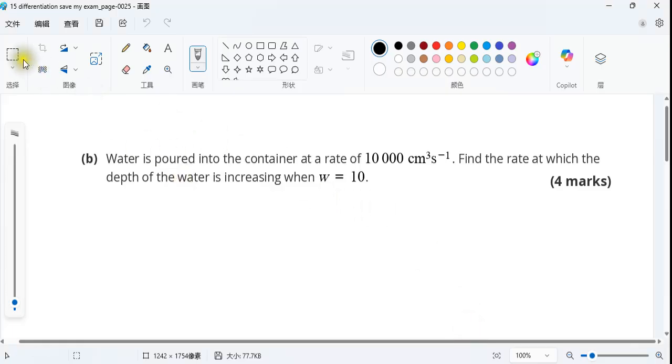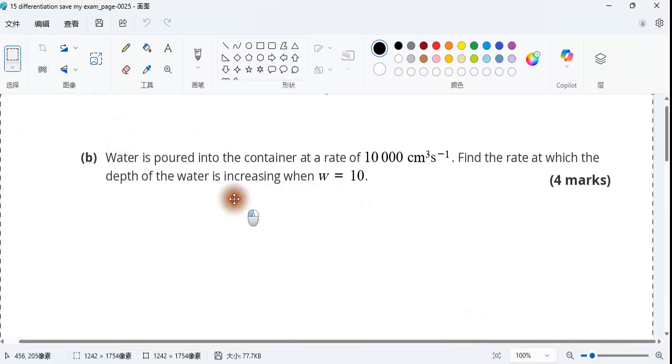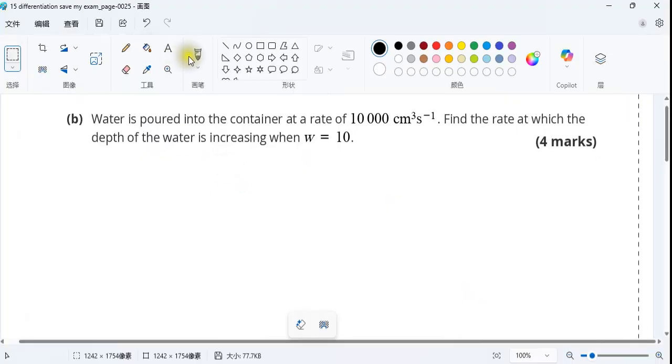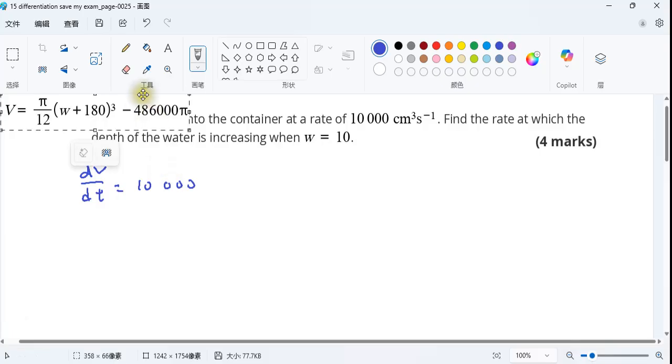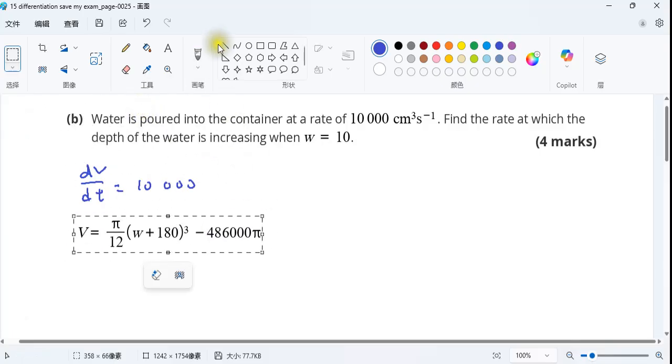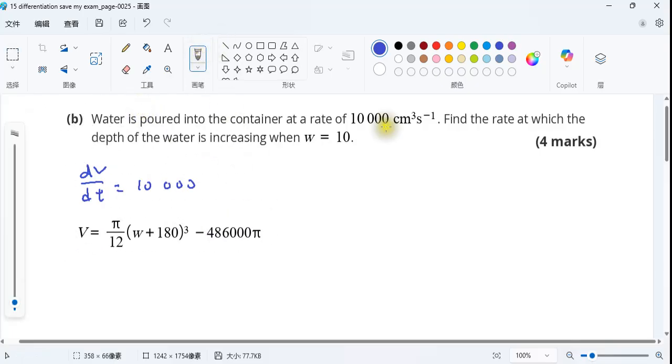Water is poured into the container at a rate of dV/dt equal to 10,000. Find the rate of change of w, that is dw/dt when w is 10.